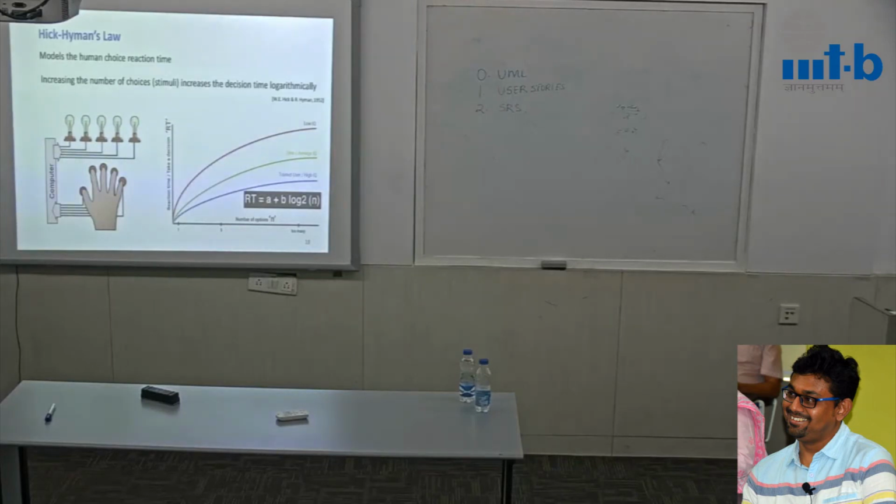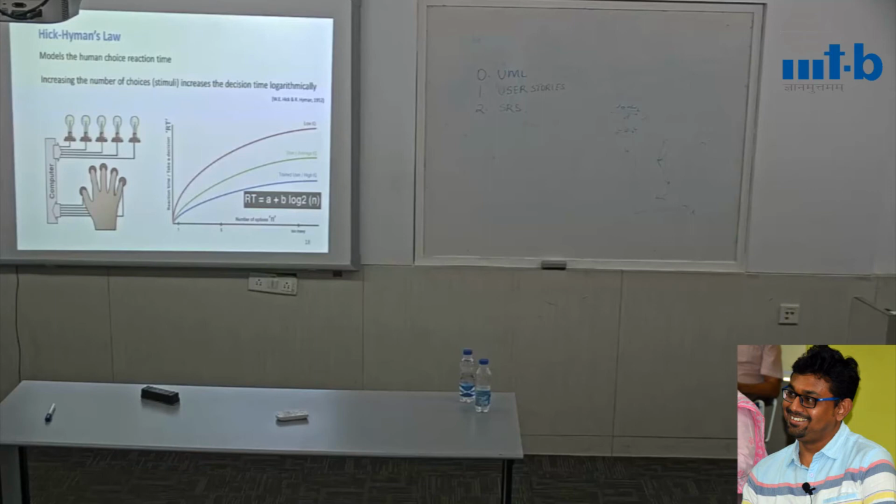I would be able to take decisions out of 100 in the same time which my grandmother would be able to take within 10 stimuli, because we are two different users. My cognition level is higher, my IQ level, just for the sake of it I'm calling this IQ, but there is something in me which is not there in my grandmom, with which I can make fast reaction times.